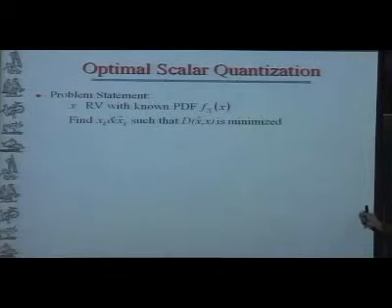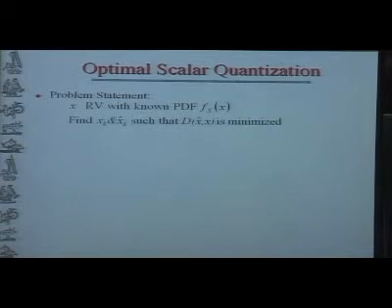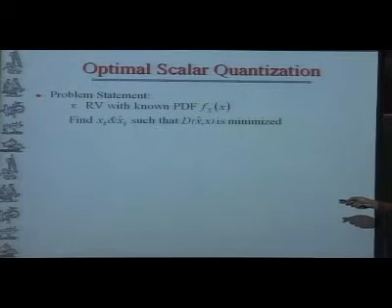So this is our problem statement. I have a random variable x with a known PDF, fx of x, which I can observe for a long time and figure out how x behaves. The goal is to find xk.